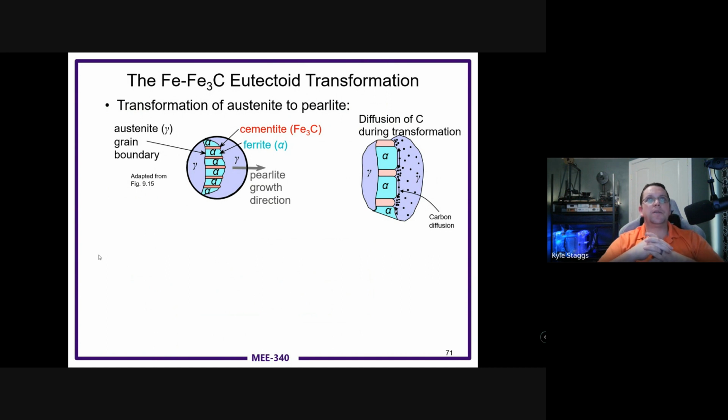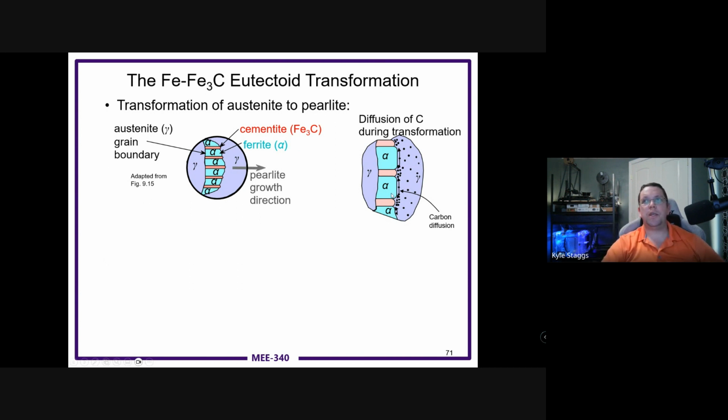So a couple more details about the eutectoid transformation, what that looks like, and specifically the austenite to pearlite. The grain boundaries, you'll start to see a little bit more clear distinction forming between the cementite and ferrite layers, and the pearlite will grow linearly. So this is why it looks the way that it does, as it continues to grow linearly between those grain boundaries as the alpha forms.